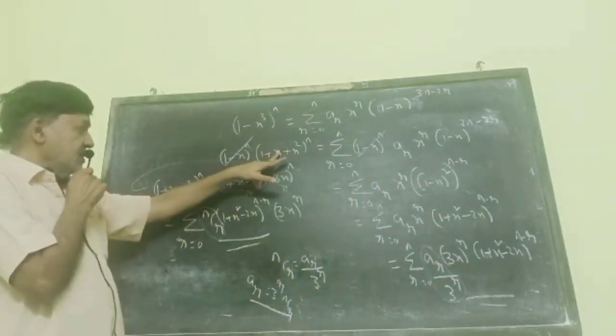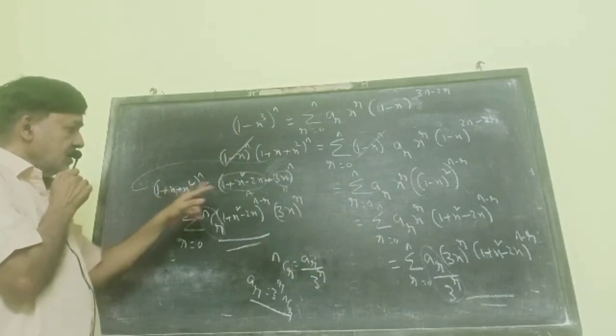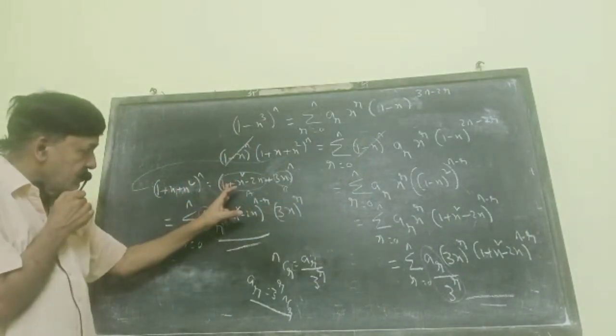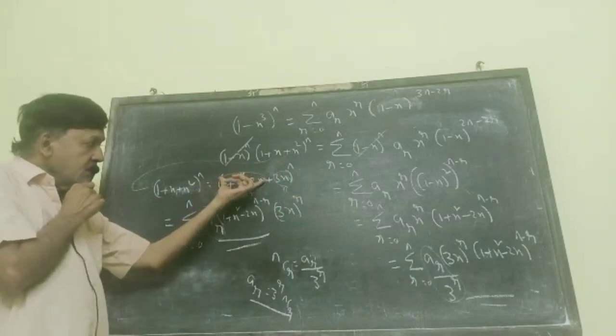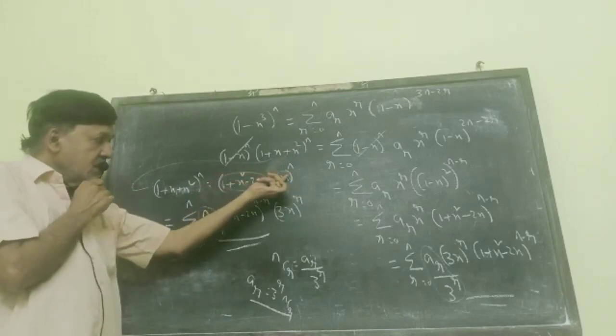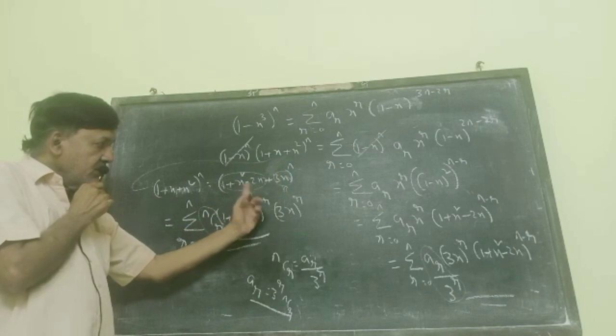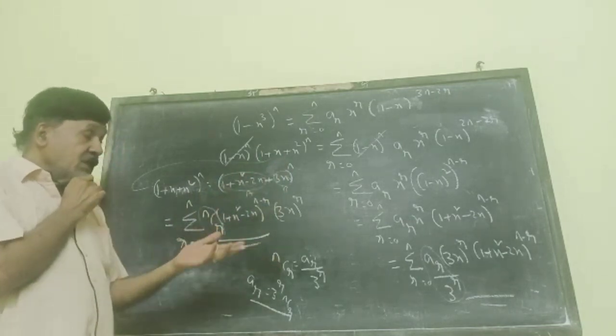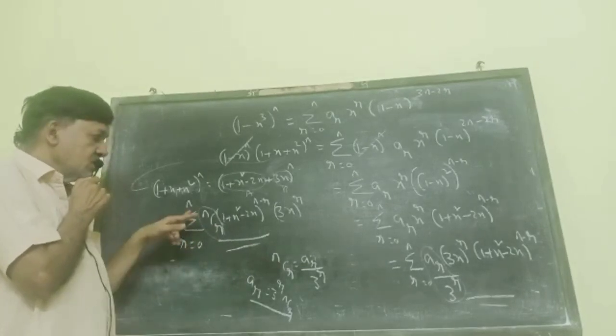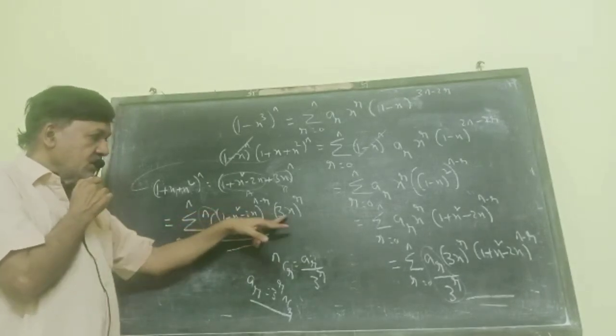Then you take this. I am converting it into that form, 1 plus x square minus 2x plus 3x whole power n form. This is all a for me. This is all b for me. It is just like a plus b whole power n. A plus b whole power n according to binomial expansion is sigma r is equal to 0 to n nCr a power n minus r b power r.